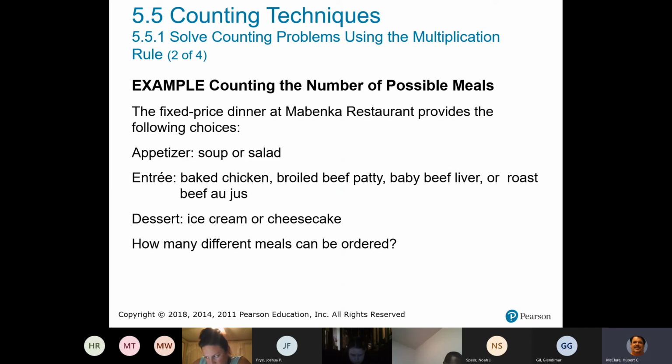And about 20 of us would eat off of that one bowl and one plate because it was a soup bar and a salad bar. All you could eat. Well, weren't we awful? Nah. Soup or salad, chicken, beef, liver, or roast beef.